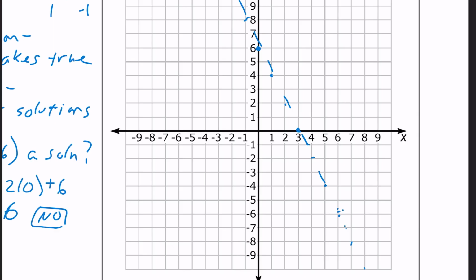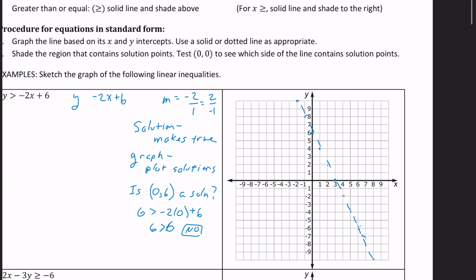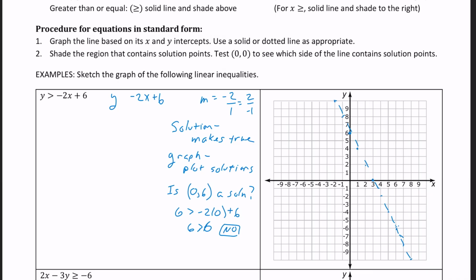Now, it turns out, though, that on one side or the other of this dotted line is where I find solution points. So would I find solution points on the left side or on the right side? Sorry, I said that completely backwards. Would I find solution points above that line or below that line?